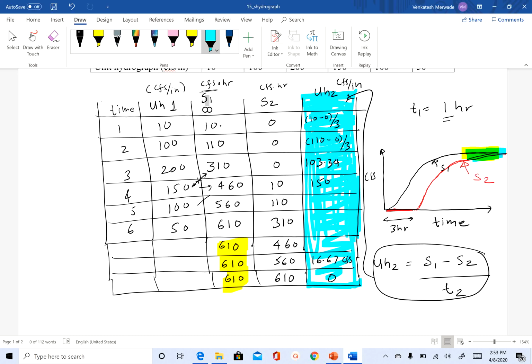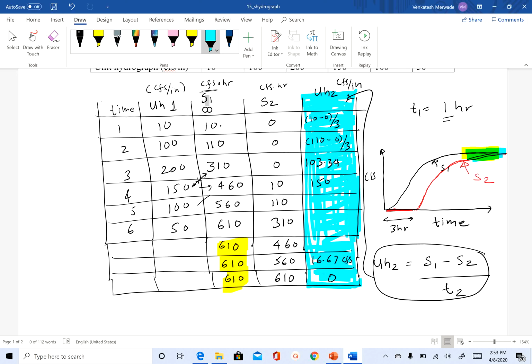That is one thing I want you to remember, because many students make that mistake. They do this assignment and think that when you do S1 you don't need to multiply by time. We did multiply by time, but since time was 1 hour, you really don't see the change in the values there.